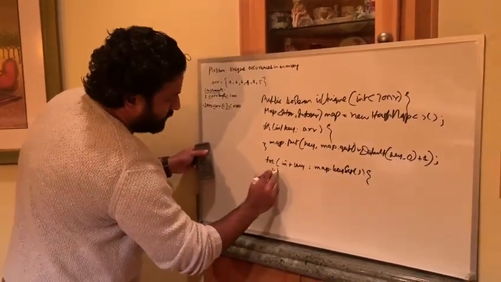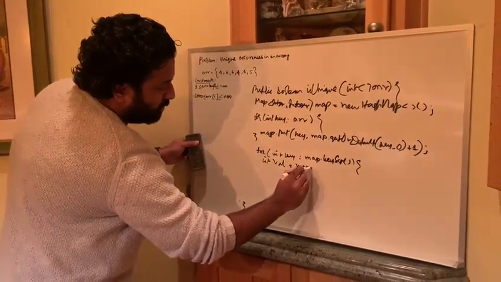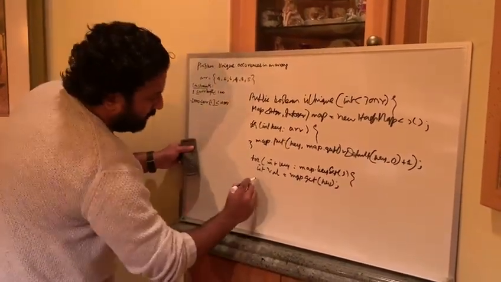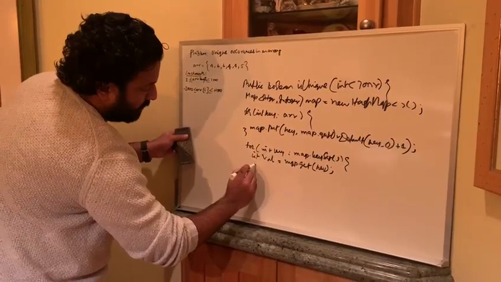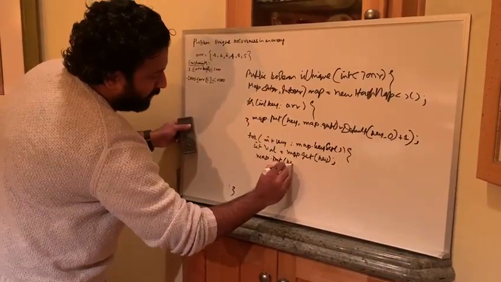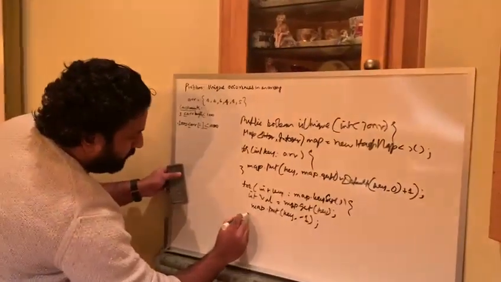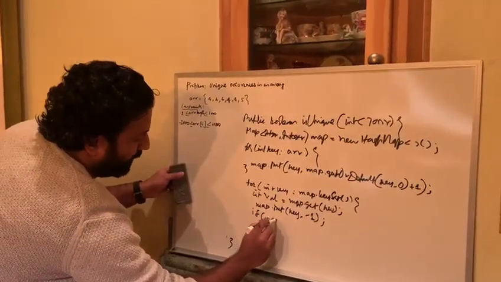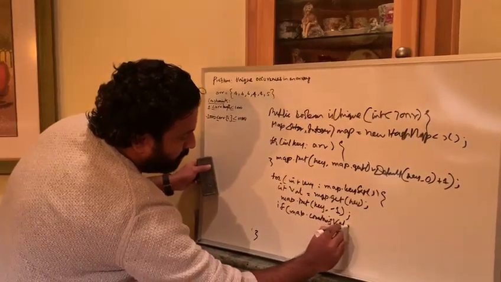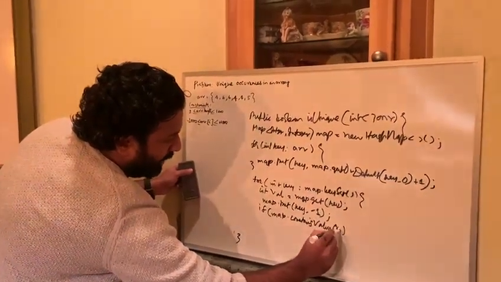We want to initialize a value, int val is equal to map.get the value for the specific key, and then we're saying map.put for the key, we're marking it as -1, and then we are checking if map.containsValue of val.